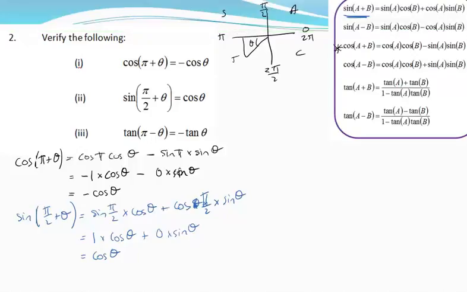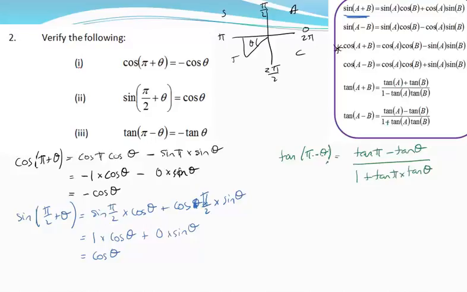So for our next equation we have tan of pi minus theta. Again, remembering that this formula is written incorrectly here. So we have tan of pi minus tan of theta divided by 1 plus tan of pi multiplied by tan of theta.